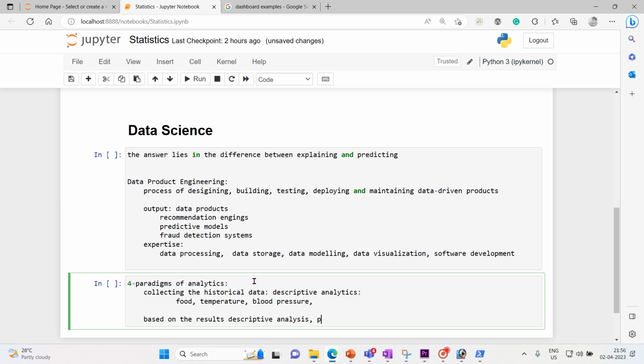It's nothing but a pattern. He will match some patterns or some trends. If your blood pressure is this much and temperature is this much, you had this kind of food and you are having loose motions, so this could be the reason. So the first reason could be the loose motions, and the second, finding out the problem.